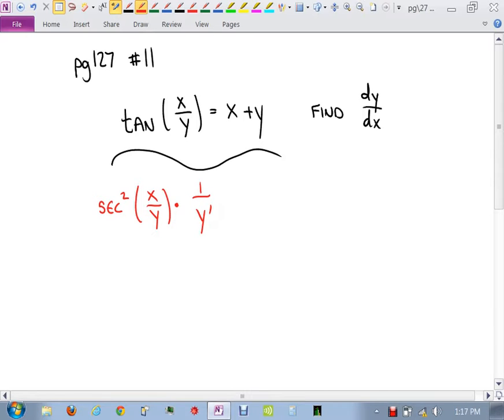Derivative of top and bottom separately is not what you do. Quotient rule says derivative of the top times the bottom minus derivative of the bottom, y prime times the top, all over bottom squared. That completes the differentiation on the left side. On the right side, you have equals 1 plus y prime.